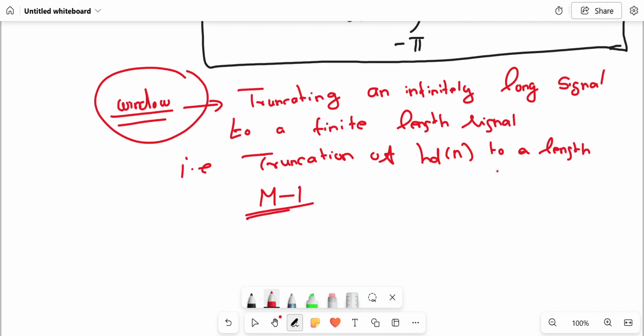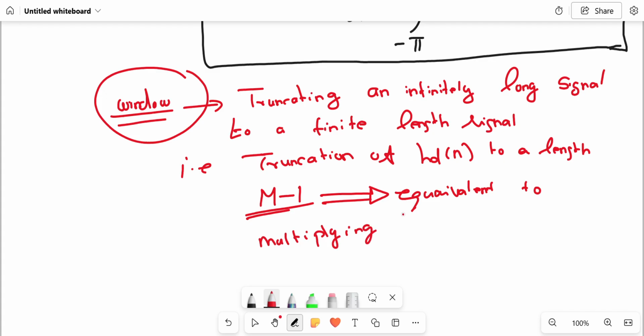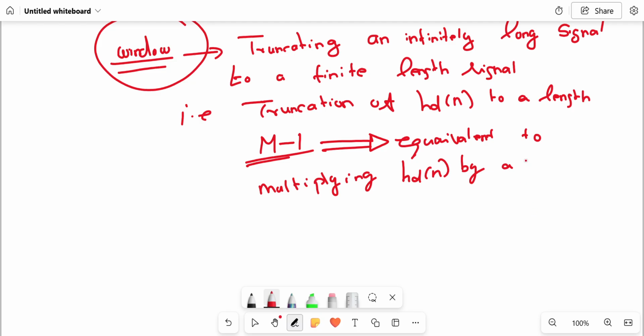The truncation of HD of n to length M minus 1 is mathematically equivalent to multiplying HD of n by a window, for example a rectangular window.